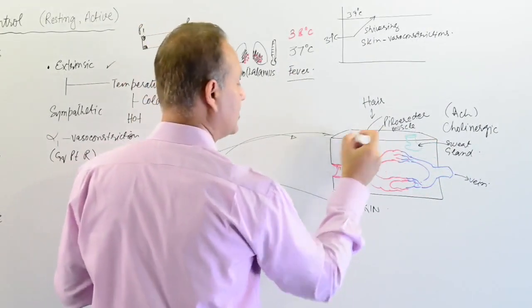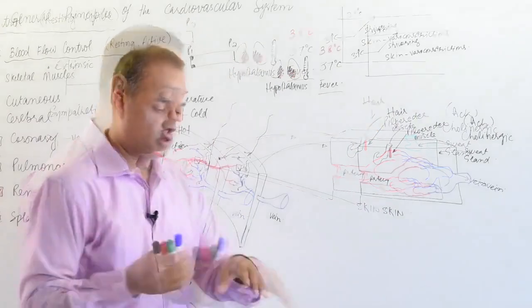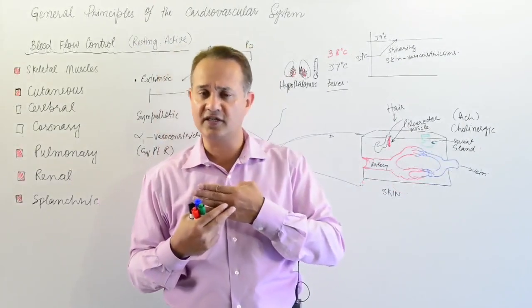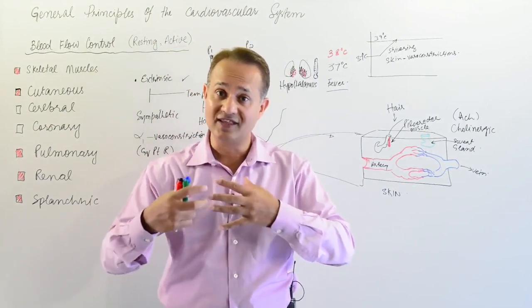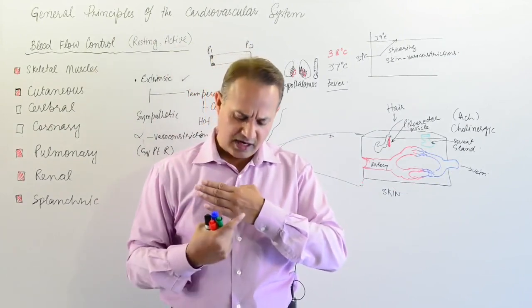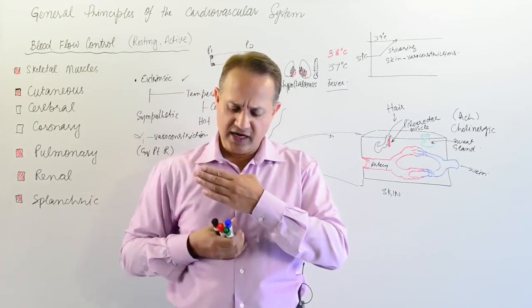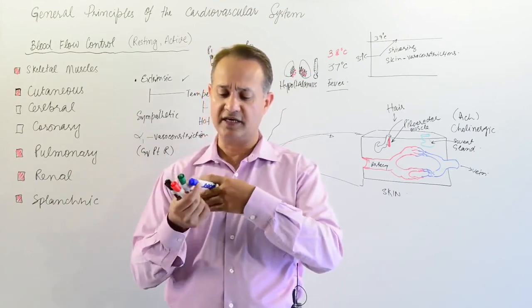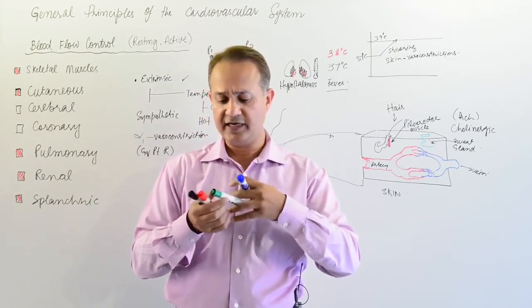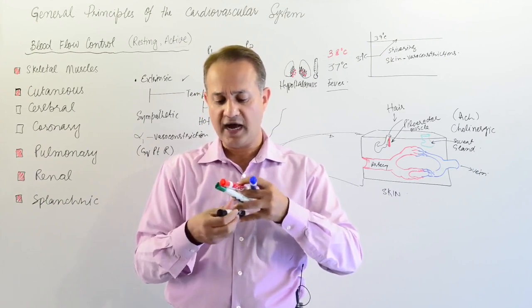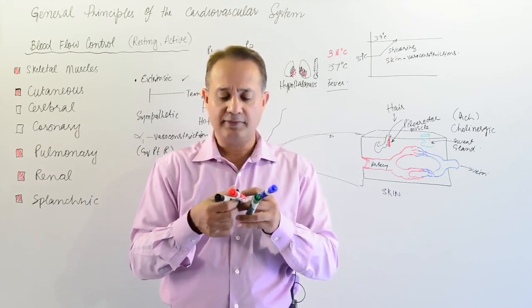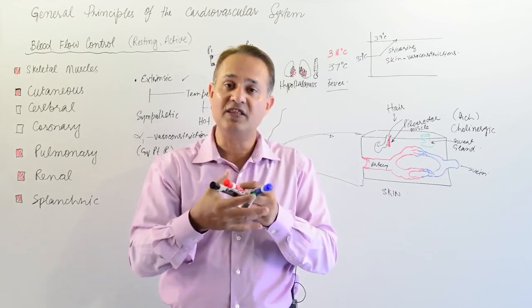What about the hair? What do you want to do with the hair? Look, for humans it is less important, in other animals it is more, who have a thick coat or fur. But when a hair becomes erect on the skin, the idea, or theory, or the hope is that it will trap air between the hairs.